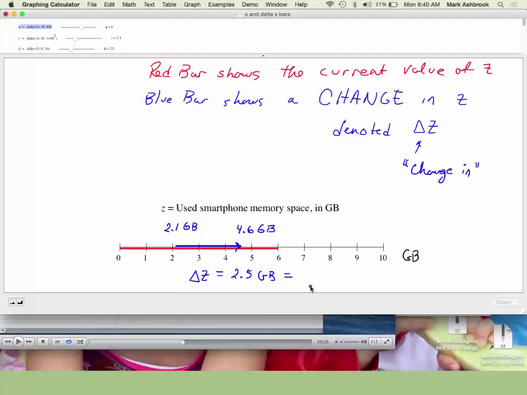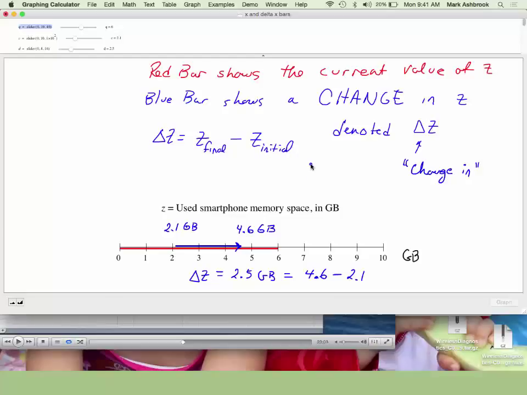So that's what you're saying. Subtract 4.6 minus 2.1. That's how you calculate the change in a quantity. 4.6 represents the final value of the quantity, 2.1 the initial value. So delta z equals the final value of z in general minus initial value of z.